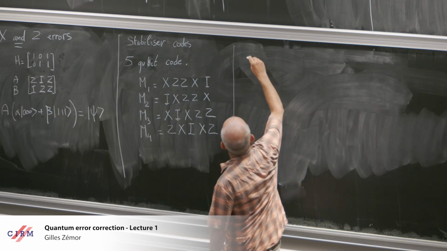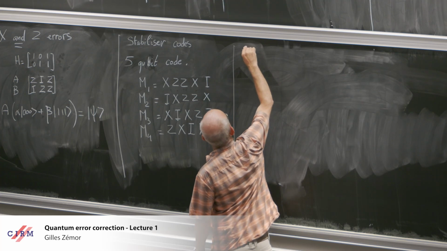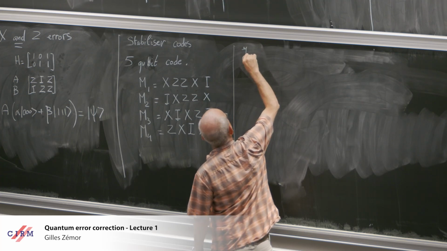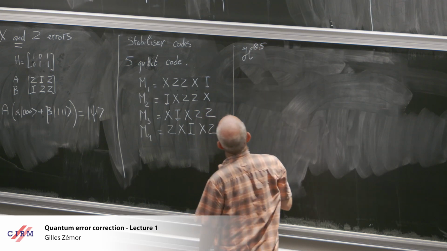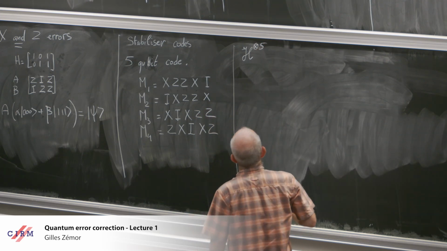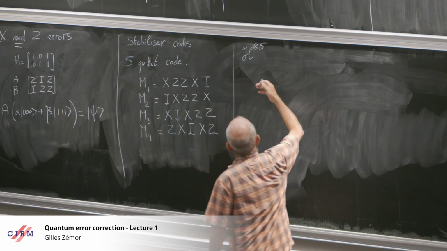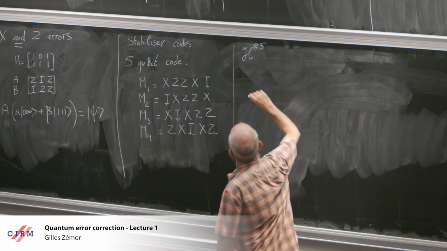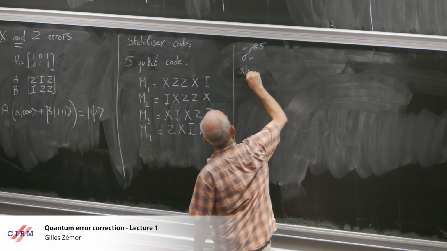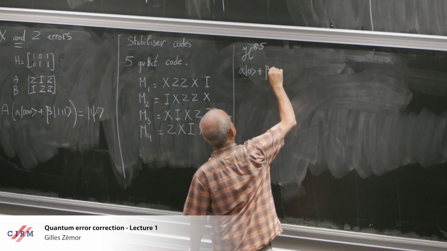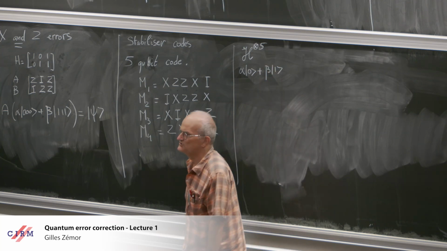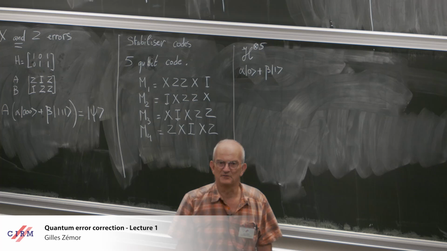So this quantum code is a set of states that is going to live in H tensor 5. So what does it look like? It encodes one qubit. So you start from some qubit in general position as before, like this.